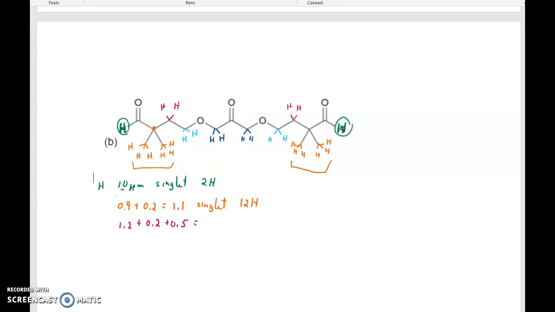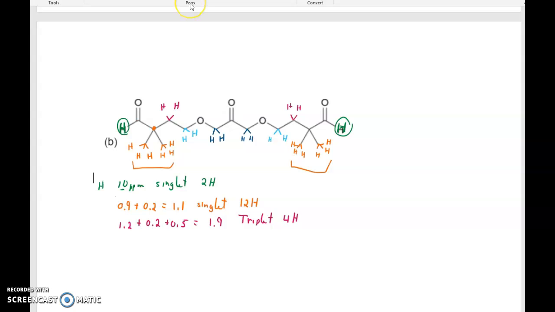So we'll expect to see them around 1.9. They will be a triplet because they'll be split by the blue protons just to the right. And there are 4 hydrogens.